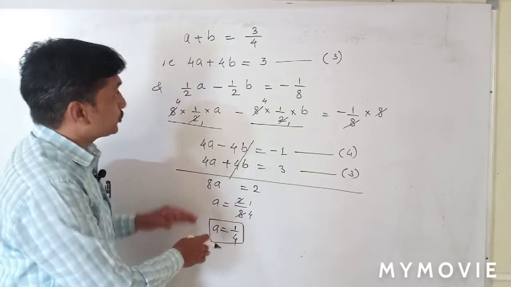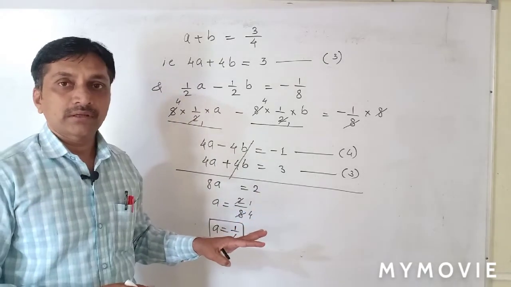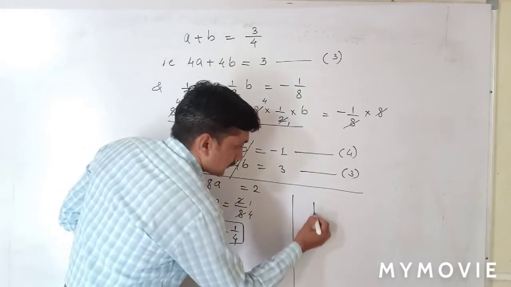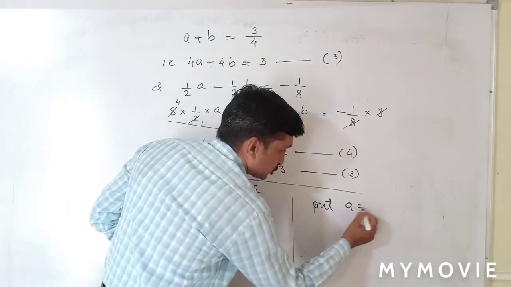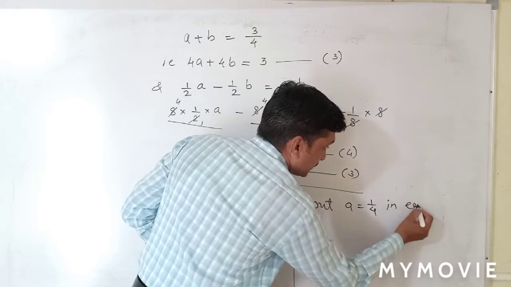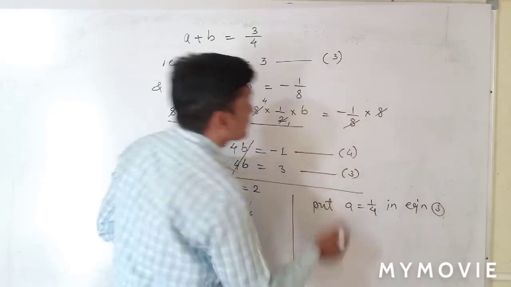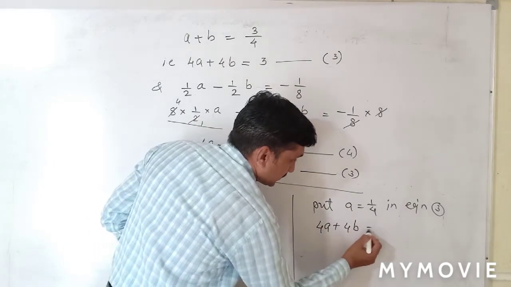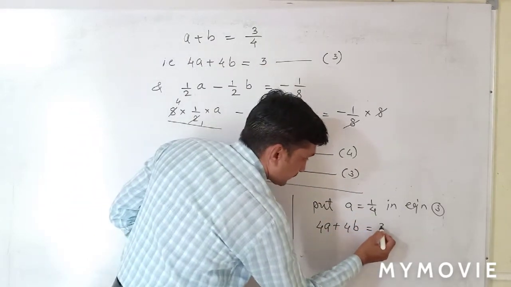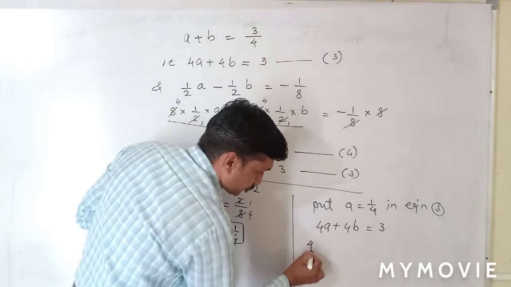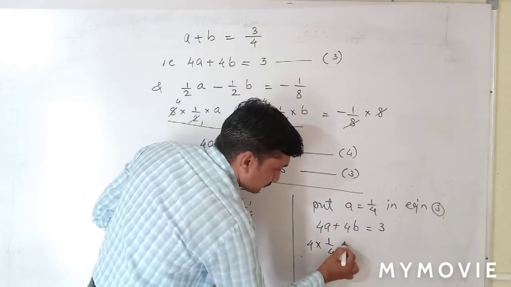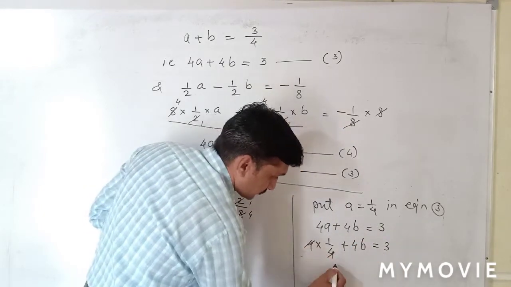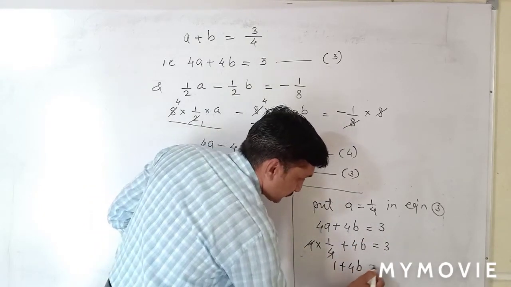Now put this value in equation 3 or 4, and we get the value of b. Here I write, put a is equal to 1 upon 4 in equation number 3: 4a plus 4b is equal to 3. Now put the value of a here: 4 multiplied by 1 upon 4 plus 4b is equal to 3. 4 cancels, 1 plus 4b is equal to 3.